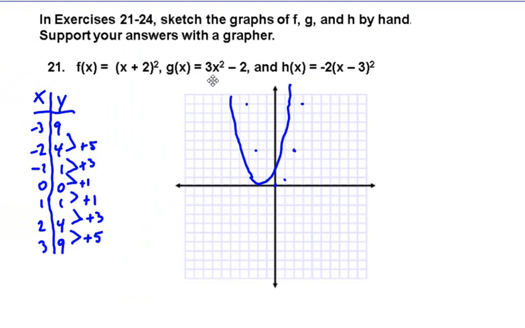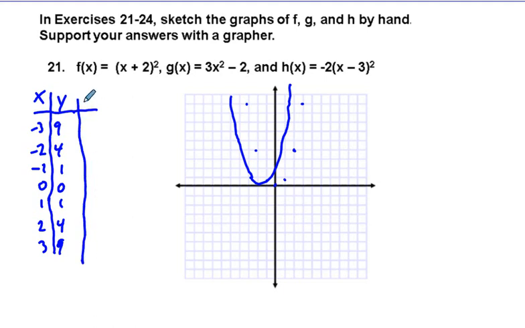Next we have this 3x squared minus 2. So what we're going to do for this is we're going to take this +1, +3, +5. We're going to have a different output altogether. What I'm going to do is leave these values in place, and we're going to multiply each of these by another 3 to see what happens.